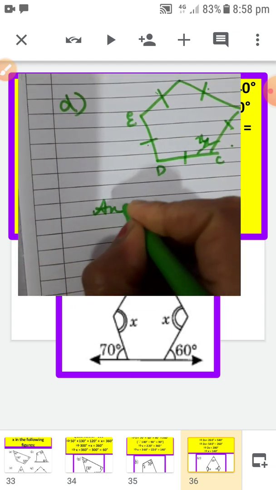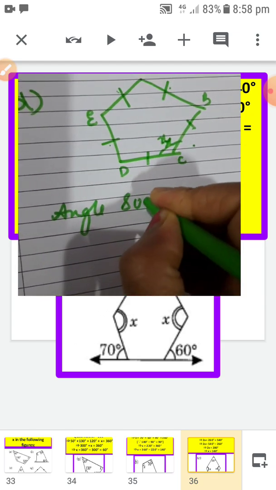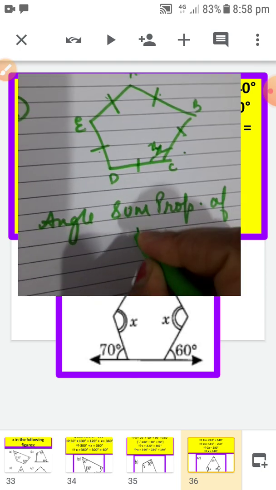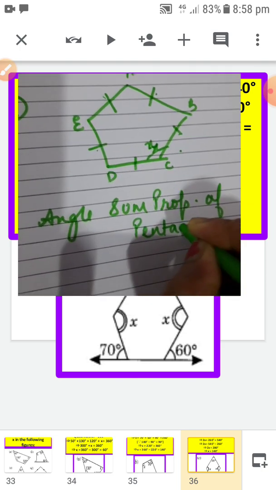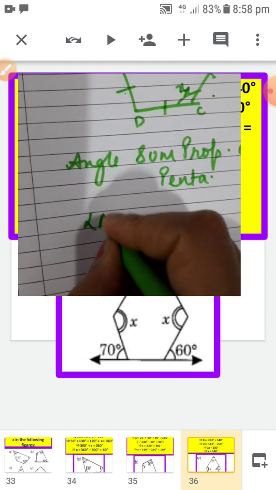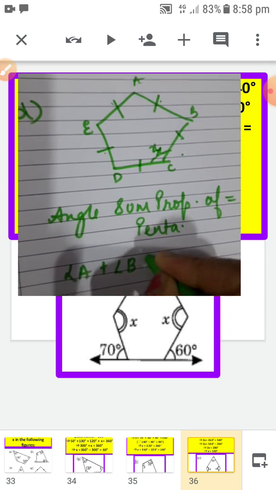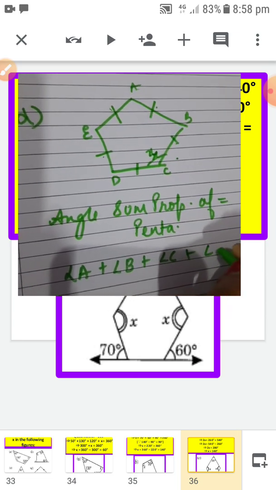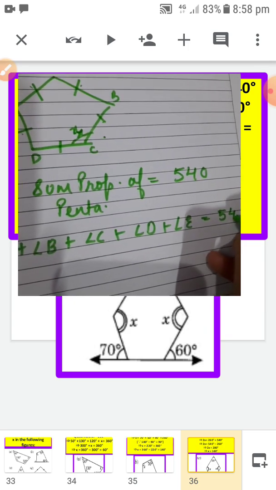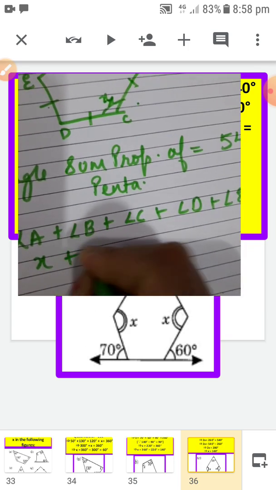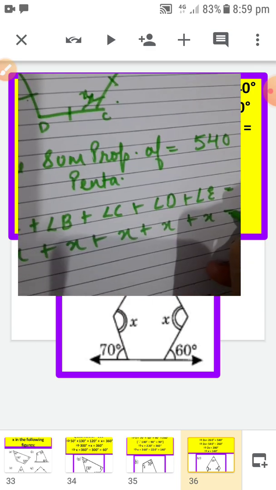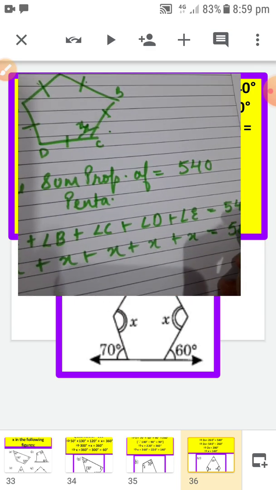So angle sum property of pentagon gives you 540. It means angle A plus angle B plus angle C plus angle D plus angle E gives you 540. So all are equal. x plus x plus x plus x plus x gives you 540.